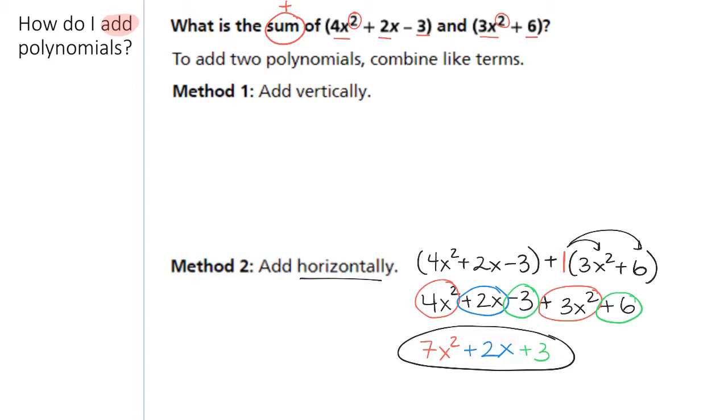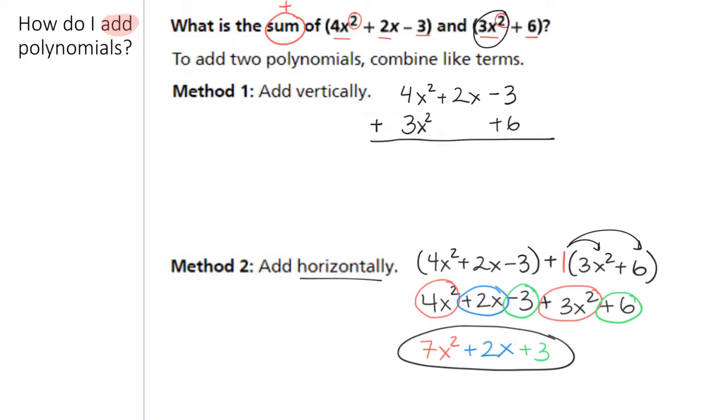Adding vertically is actually kind of a fun method. So we can take 4x squared plus 2x minus 3, and I want to add that other polynomial to it. The one catch on this is you have to make sure you line up your like terms. So I'm going to put my 3x squared underneath my 4x squared, and I'm going to put my positive 6 underneath my negative 3.